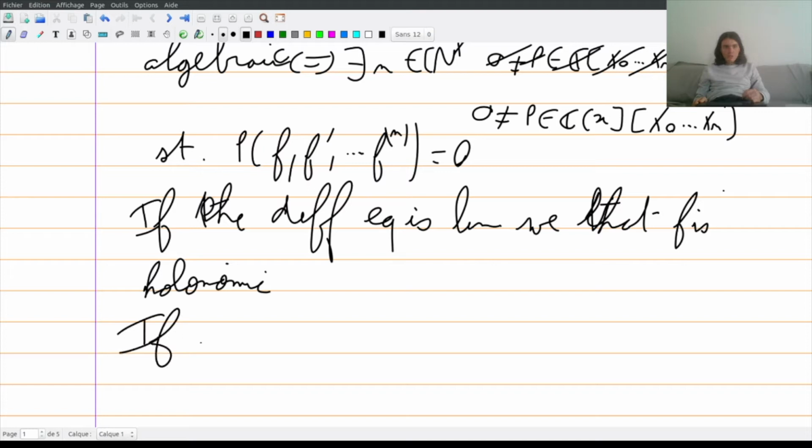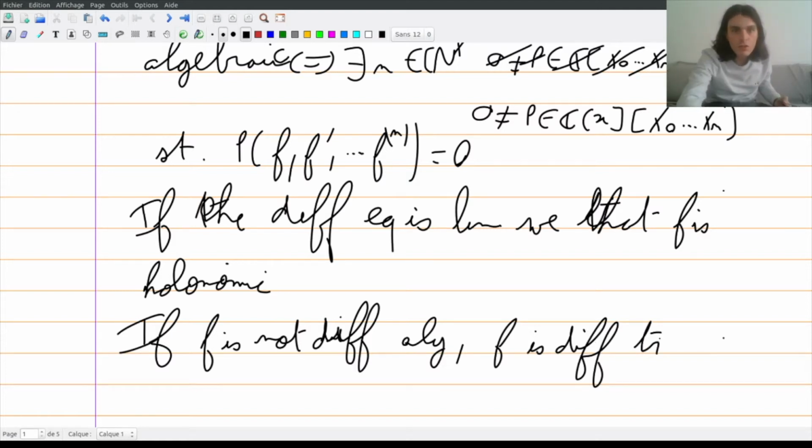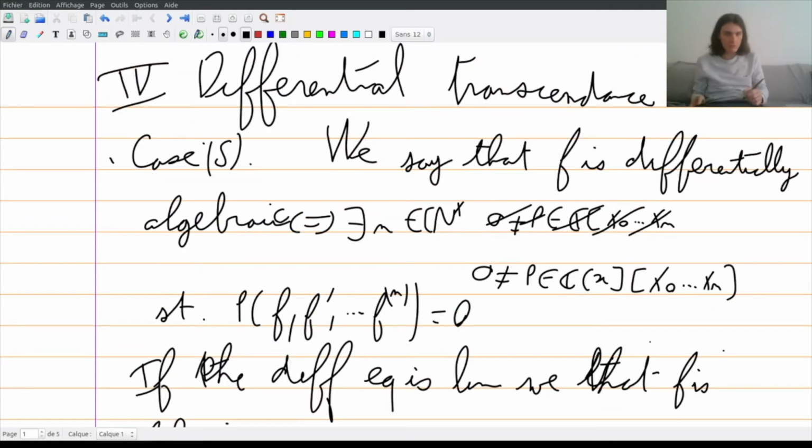If f is not differentially algebraic, f is differentially transcendental.